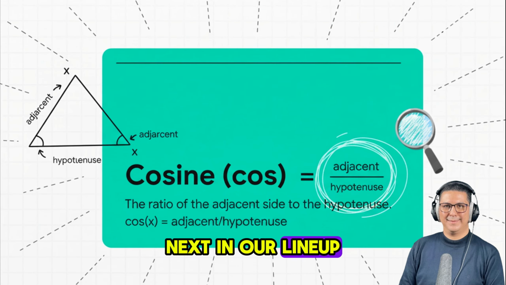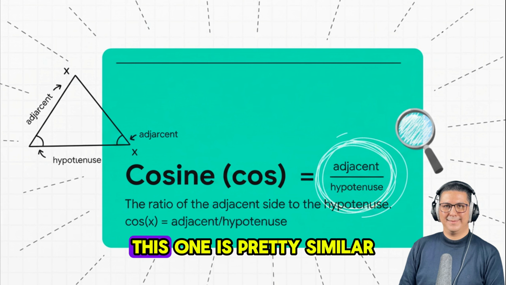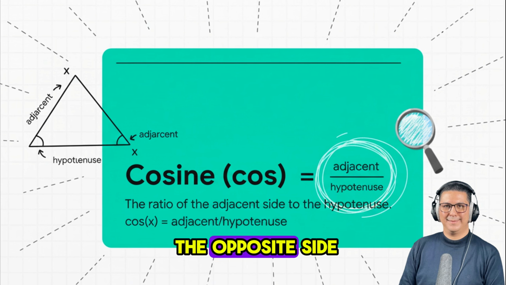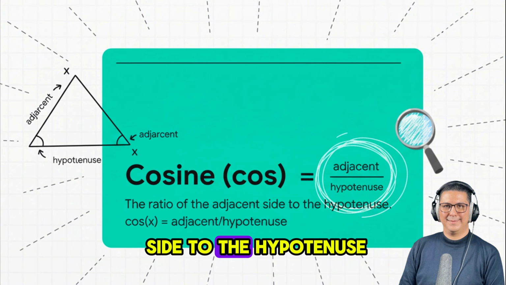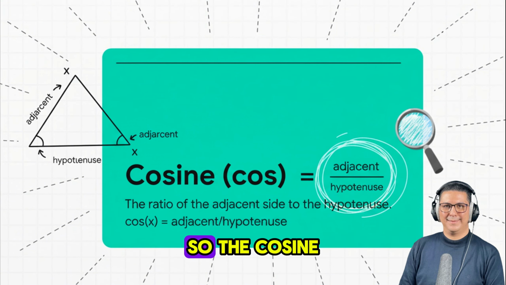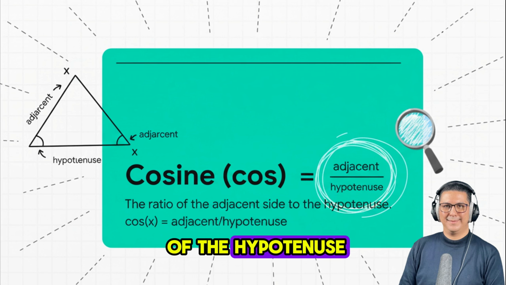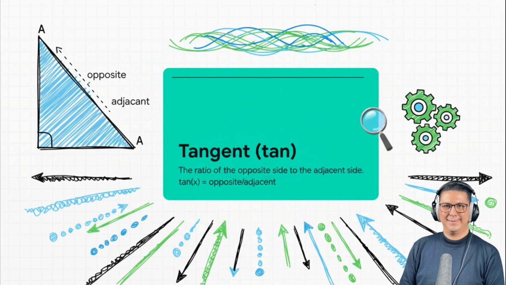Next in our lineup is cosine, or cos for short. This one is pretty similar, but instead of using the opposite side, it connects the adjacent side to the hypotenuse. So the cosine of our angle is just the length of the adjacent side divided by the length of the hypotenuse. And our third and final key player is tangent, or tan.